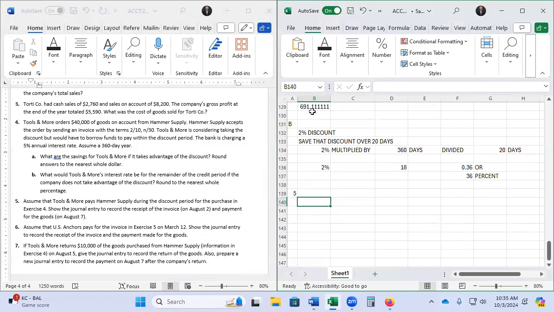So what are we buying here? It says goods. So I'm going to debit inventory for $39,200. That's net of the discount. I'm going to credit accounts payable for $39,200.